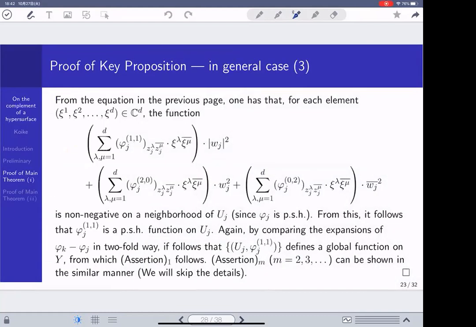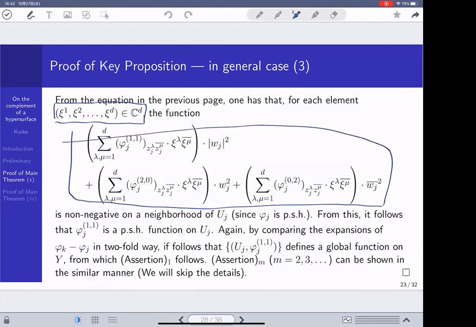From this, for any element xi_1, and so on up to xi_d, we have that this one is non-negative, because phi_j z_lambda z_mu bars are a special minor matrix of the complex Hessian, and phi_j is pre-subharmonic. And in some sense, this one is the leading term.